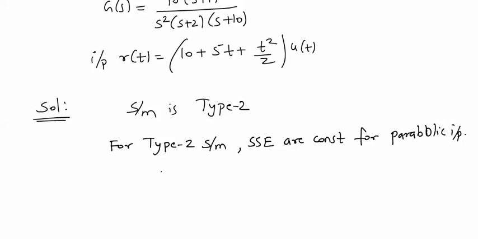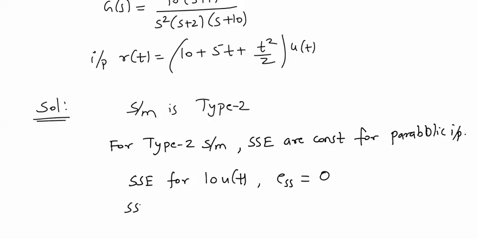Now we'll use that shortcut, the conclusion which we have drawn. So the steady state error for 10 into u of t will be ESS is equal to, since it is the case when input power is less than type, it is 0.